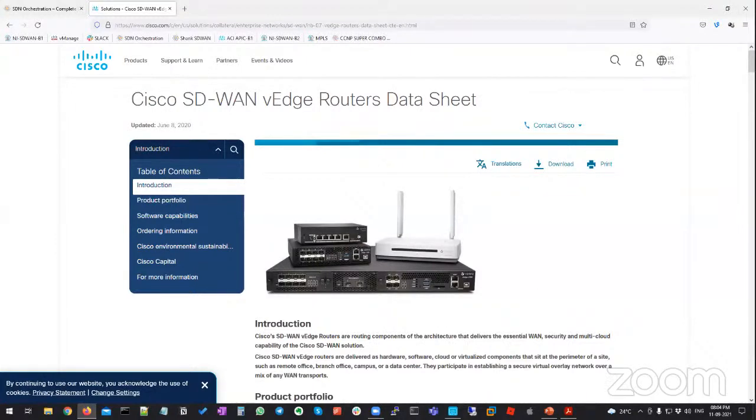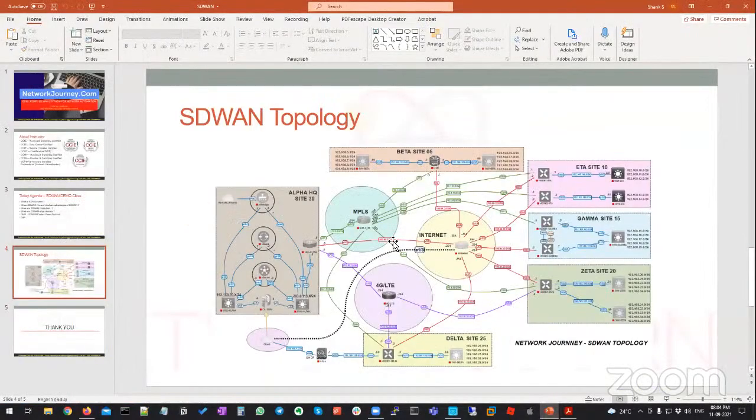So now, if we see our topology, let me open this one.